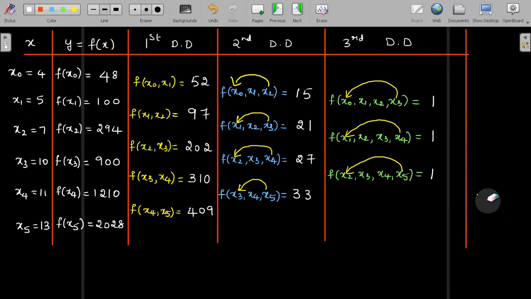Okay. Now with this, we are going to write the Newton divided difference formula and substitute both the values. That is, to find f of 8 and f of 15 is our aim. So let us first write the Newton's divided difference formula.